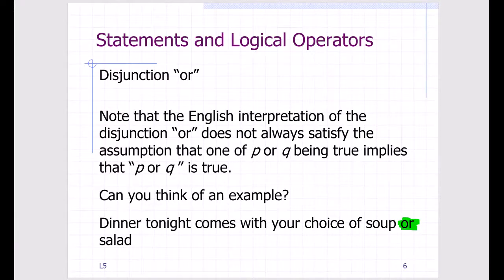You could choose just salad, so soup would be false and salad would be true, but you can't choose both. You can if you pay extra, but for the price on the menu, you can't have both. So this is an example of where or in conversation and or in mathematical logic don't work exactly the same way.